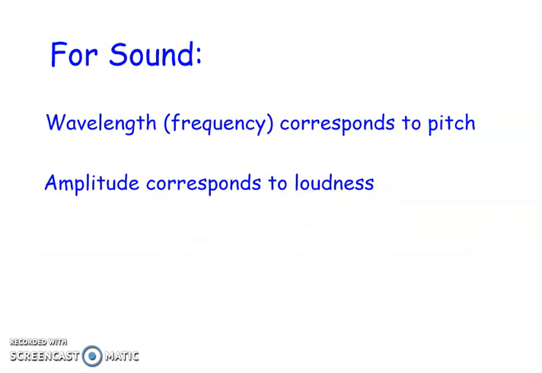For sound, the wavelength or the frequency would correspond to the pitch. So a very high frequency is a high-pitched note. A low frequency is a low-pitched note. The amplitude corresponds to the loudness of your sound.